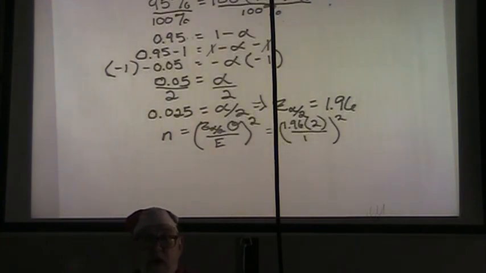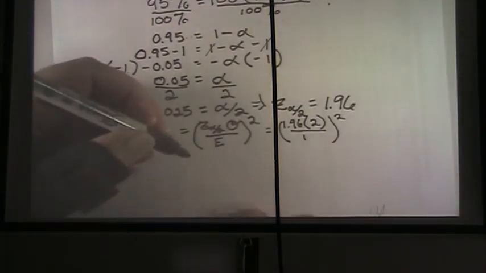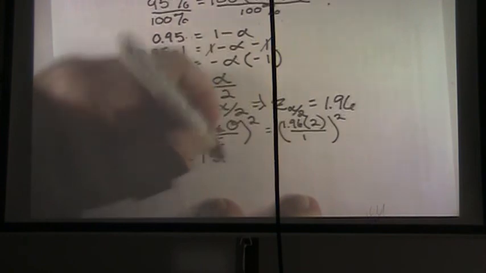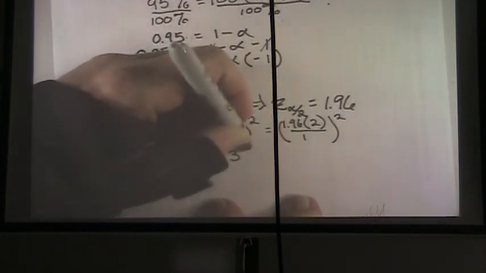I'm using the power function of Excel. Oh, I forgot divided by 1. Although, because it's dividing by 1, it won't make any difference. Okay, so that number, N equals 15.37.